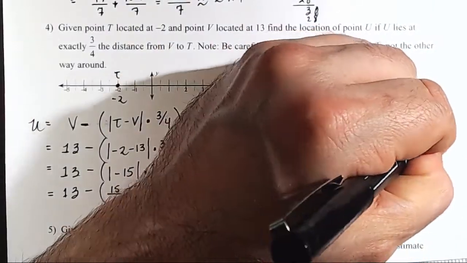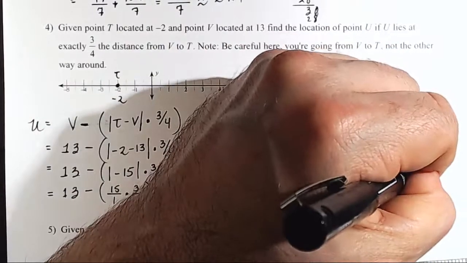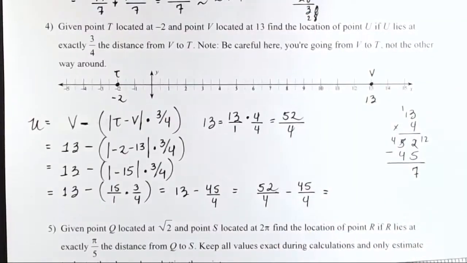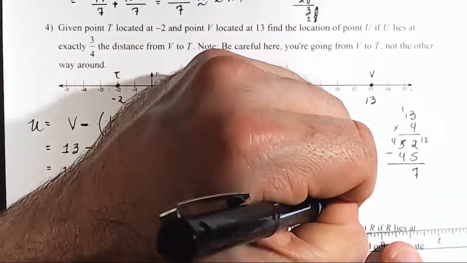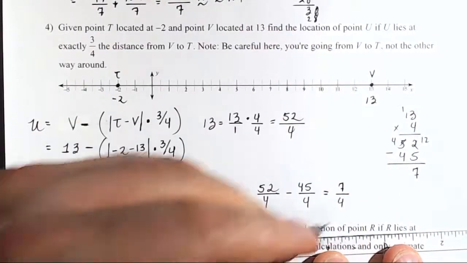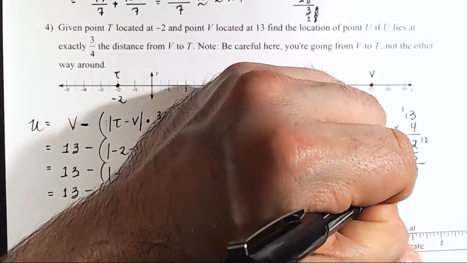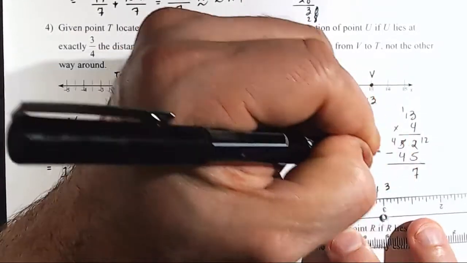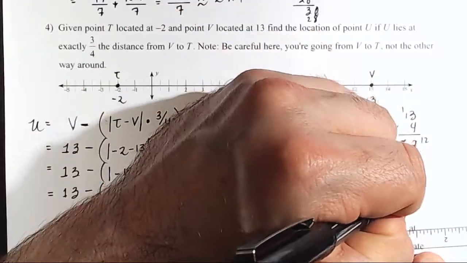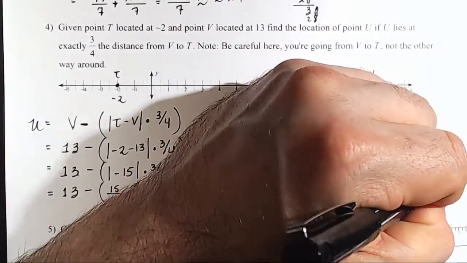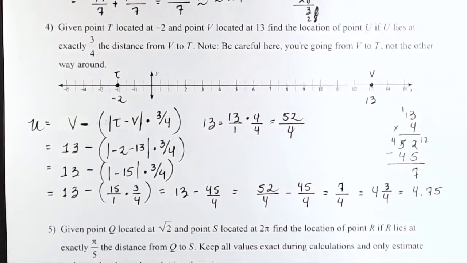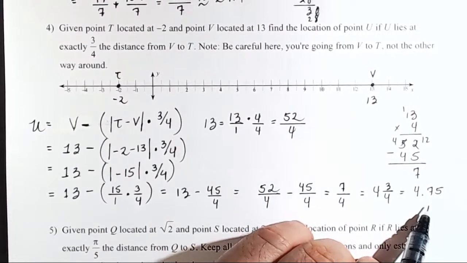Well, it's 7. So this is 7/4. All right, so that's equal to 4 3/4, or 4.75. What do you think about that? So that's where that position should be.